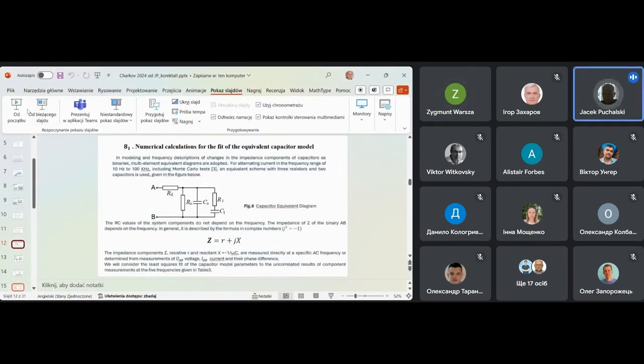So let's begin the three examples. The first is the equivalent diagram of a capacitor. We have 3 resistances and 2 capacitors.